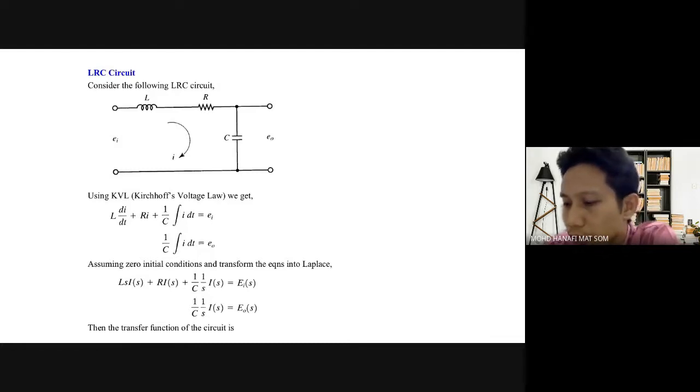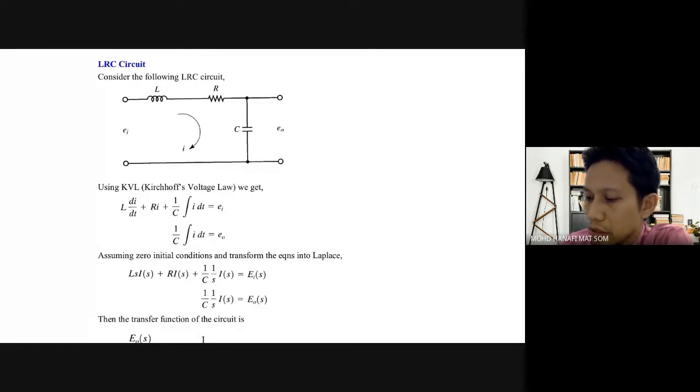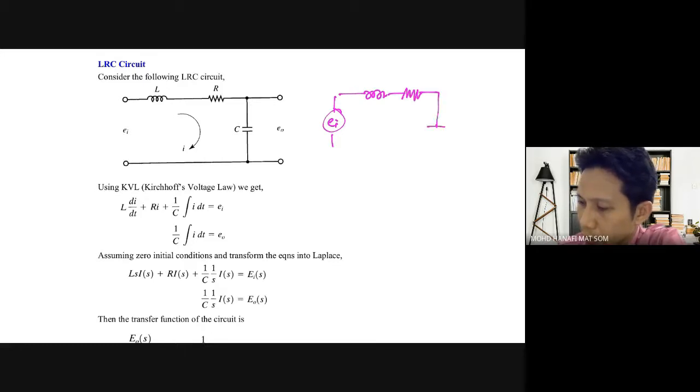We have a resistor, a capacitor, and an inductor. This is a very basic circuit. When you draw it, it looks something like this: we have the inductor, the resistor, and the capacitor. This is a basic RCL circuit.